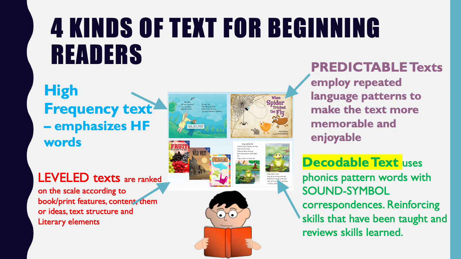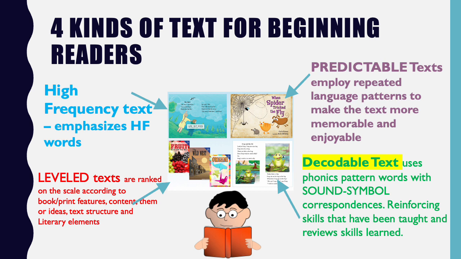Moving to the lower left corner are level texts. These are texts that are ranked on a scale according to the book, print features, content, theme, or ideas, text structure, and or literary elements. These books are often leveled A through Z, and we'll talk a little bit more about those as we move on.